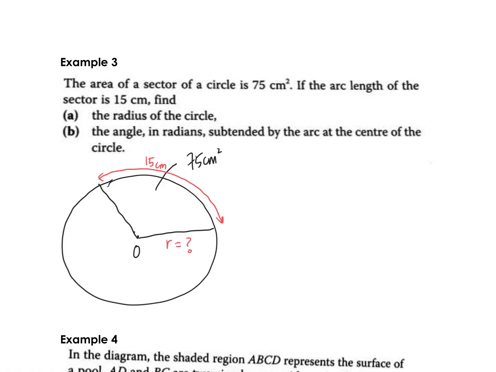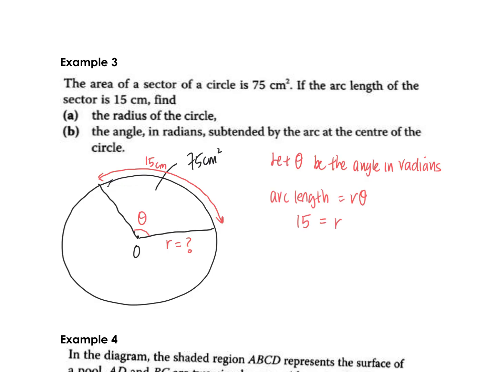First things first, let's try to solve for the unknown. I don't know what the angle is. I can let theta be the angle in radians. Then I can use the radian formula. So arc length is r times theta and equals 15.